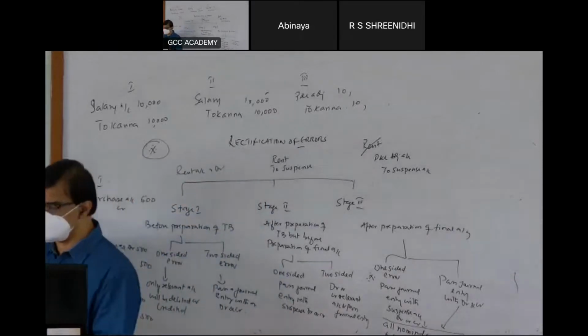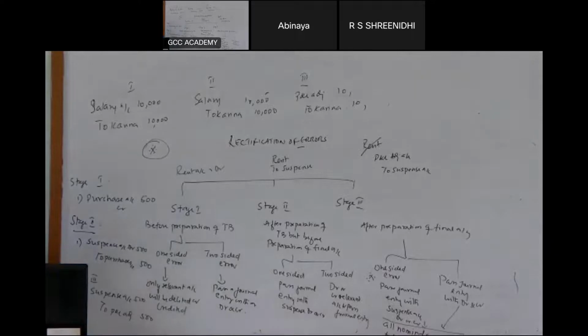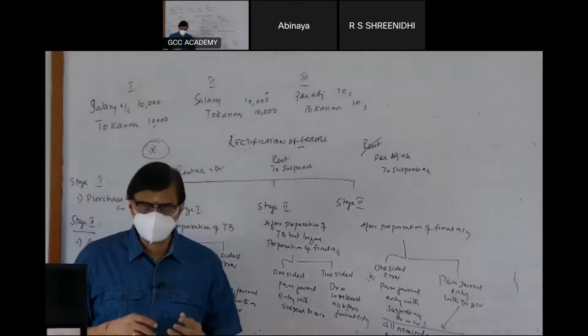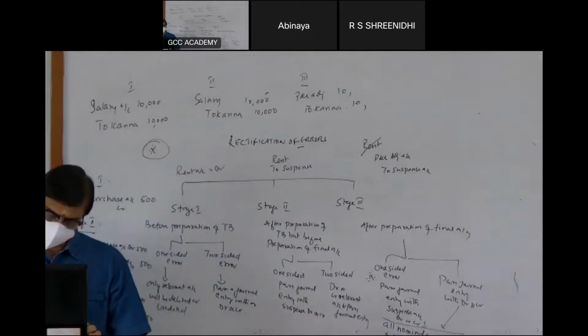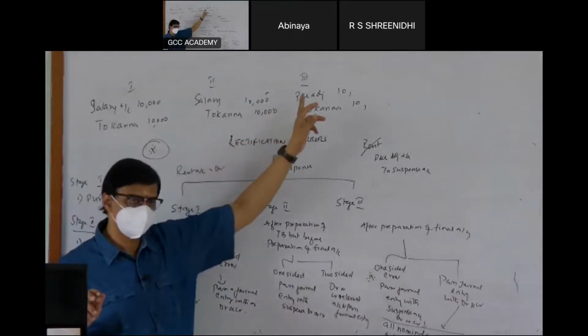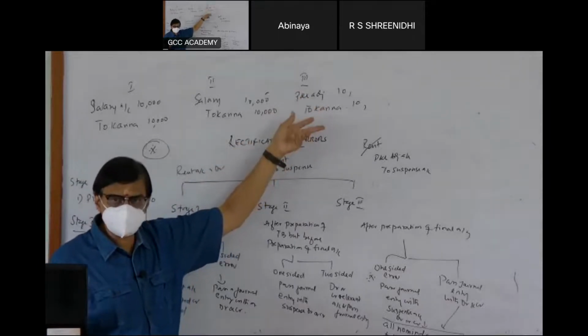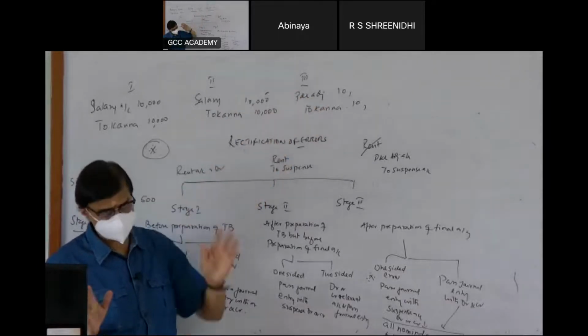One-sided error. So what is the stage 1 entry? Debited. Good. What is stage 2? Stationery account debit to suspense. Stage 3. P&L adjustment to suspense.